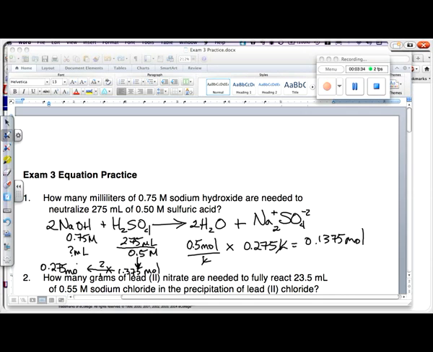And I'm asked about volume, so when I take this molarity and rewrite it, and I'm going to do that up top here, I'm going to flip it over because I want the liter part on top and the moles on the bottom. And then when I multiply by the moles I just got, I will end up with liters, and then I can switch to milliliters, which is what the problem asked.